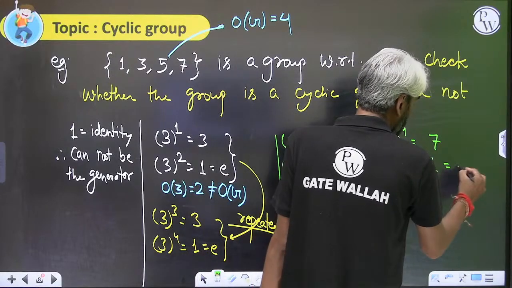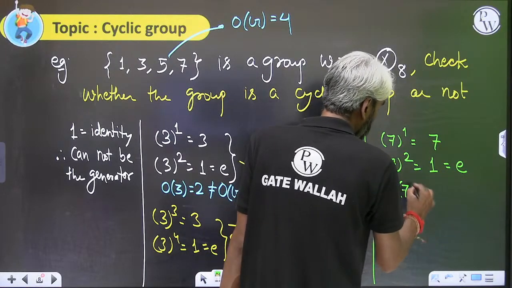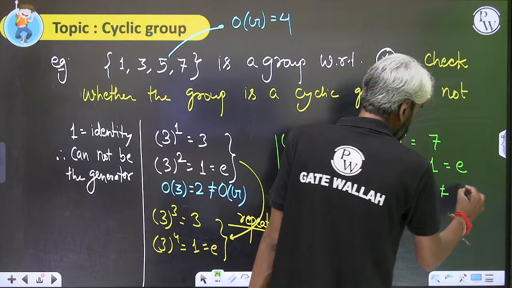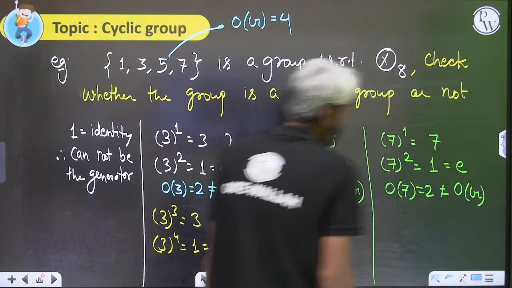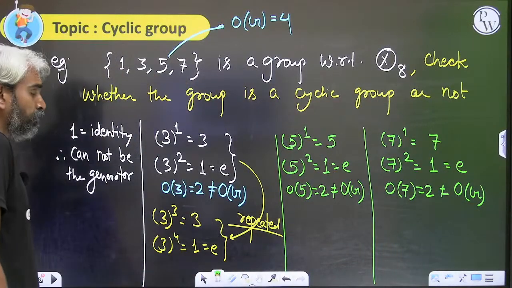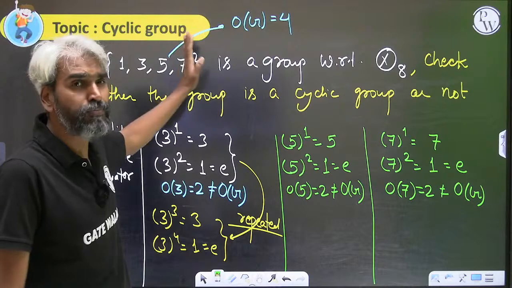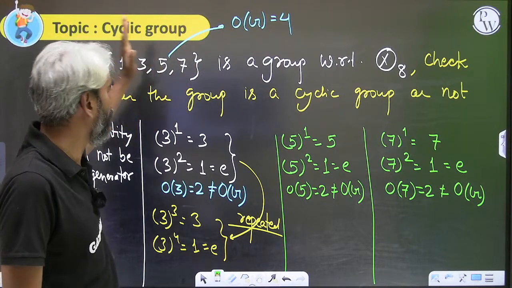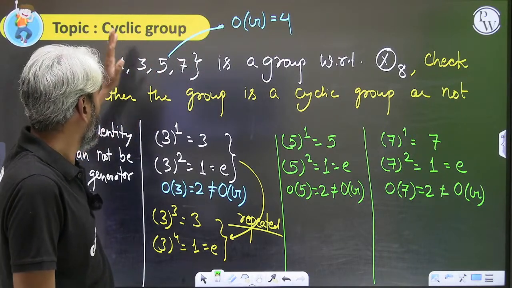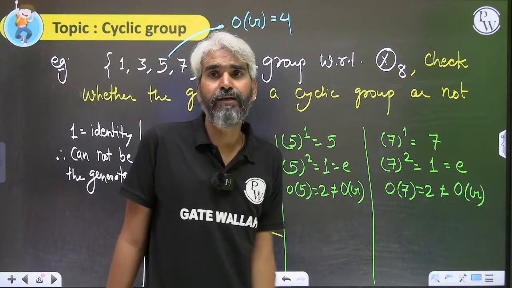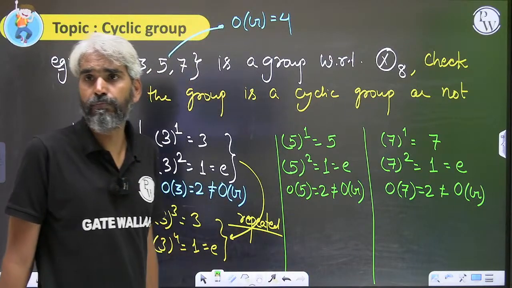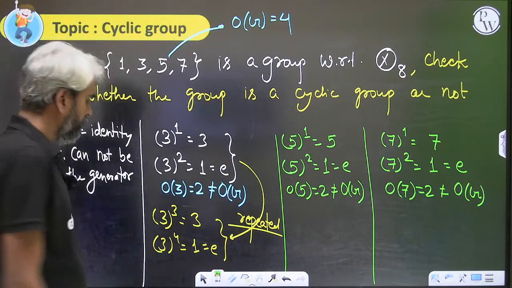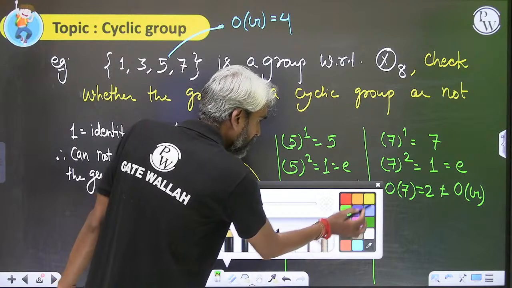Remainder 1, which is the identity element. So the order of 7 is also 2, which is not the same as the order of the group. So do you realize that in this particular group, no element has its order the same as the order of the group. Therefore, it is not a cyclic group.